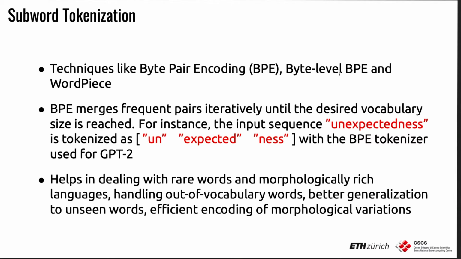And here I mentioned byte-pair encoding, but there is a variant of byte-pair encoding called byte-level byte-pair encoding, or byte-level BPE, that instead of working with characters, works with a byte representation of the characters.